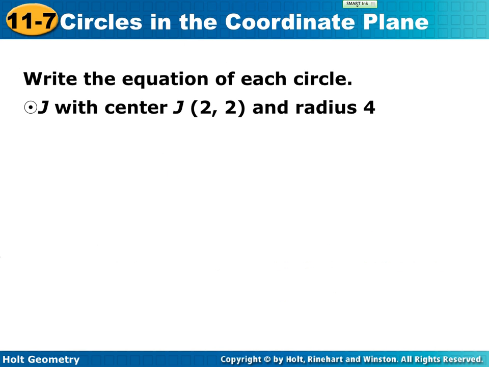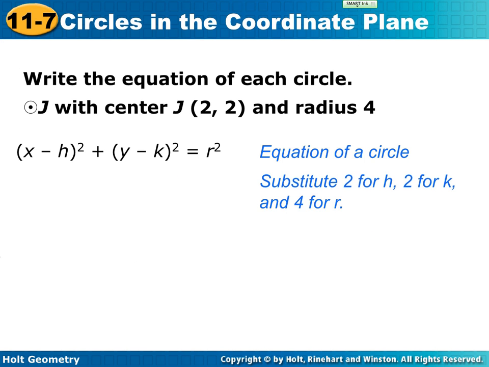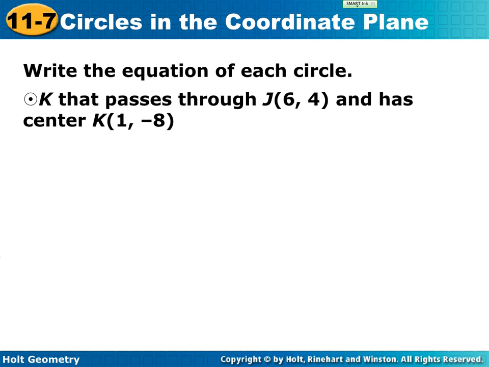Kind of like when you do an equation for a line, and you have y equals 3x plus 4, the x and the y remain. So again, what would it be then? It would be x minus 1 squared plus y minus negative 8 squared, equals radius of 13 squared.